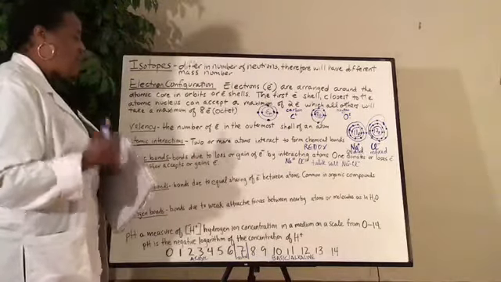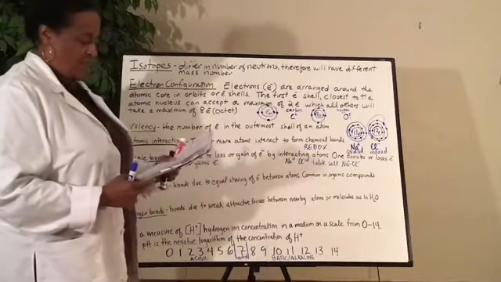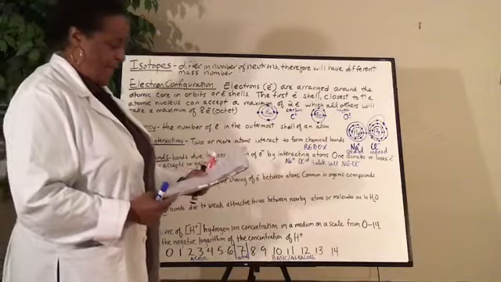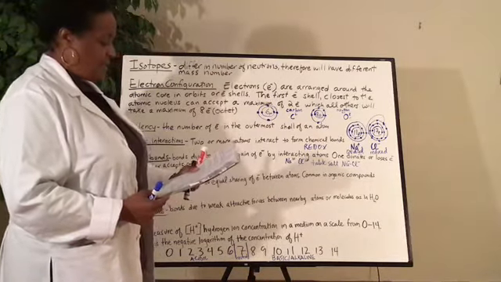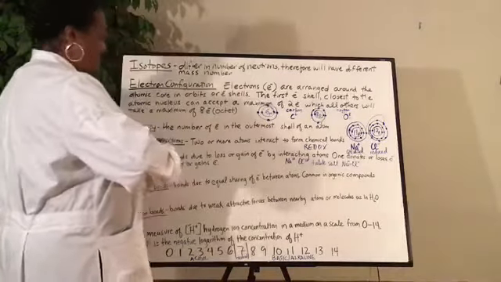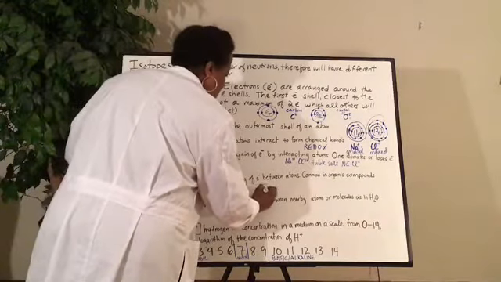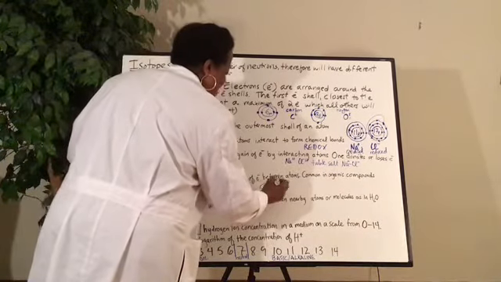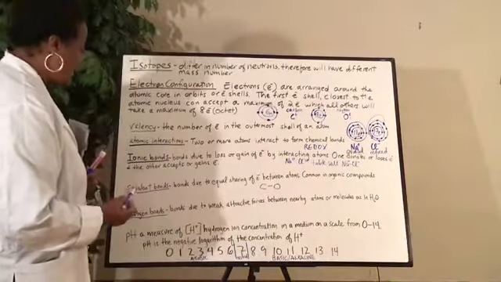They're bonds due to equal sharing of electrons between atoms. I'm trying to see what example I have here. I don't really have an example, but that's just the way it looks when you have, say, a carbon to, say, an oxygen. That will be a covalent bond. We'll just leave it at that.